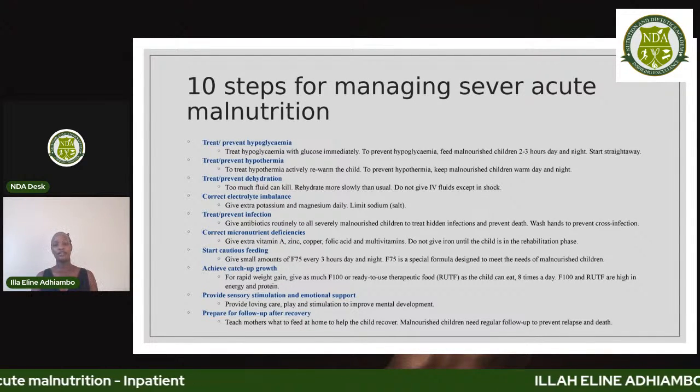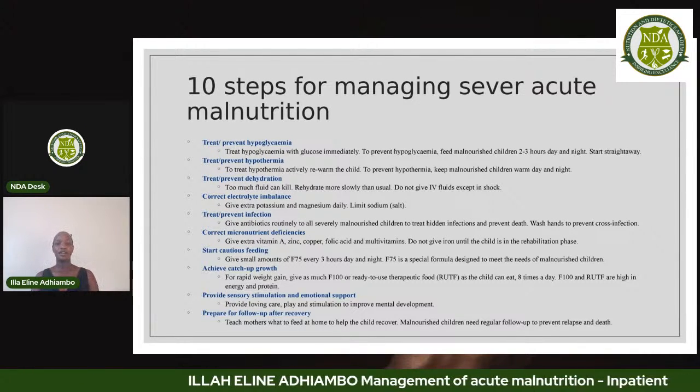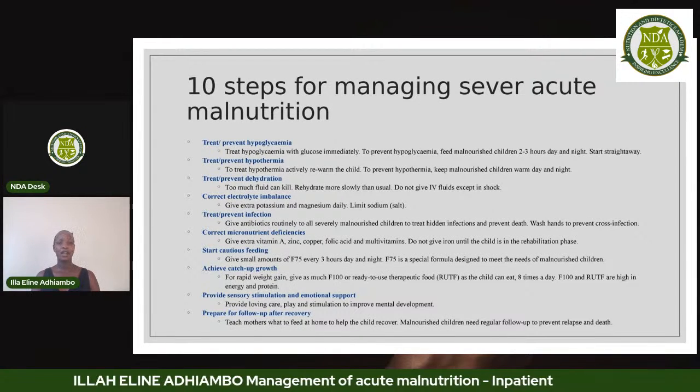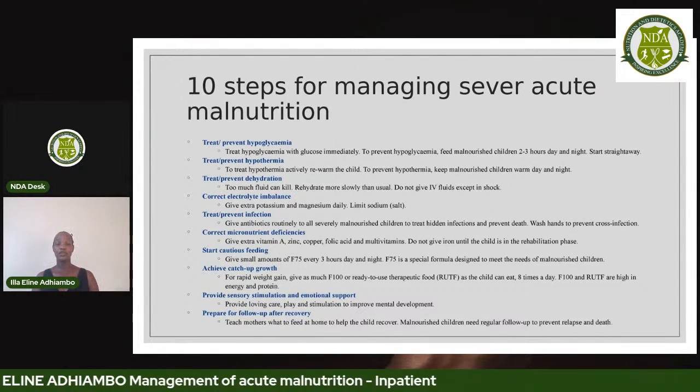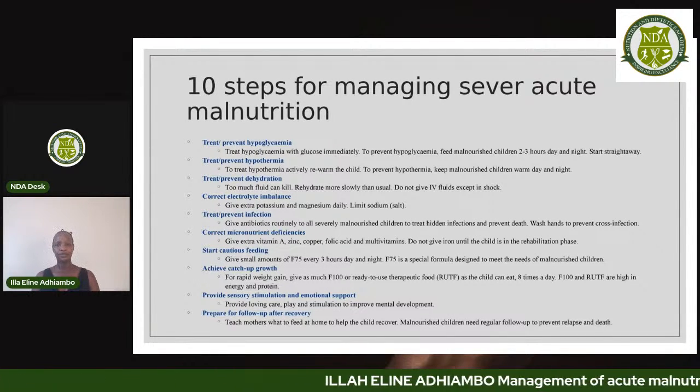We are going to give instead ReSoMal at a rate of 50 ml per each watery stool for children who are less than 2 years of age, or 100 to 200 ml if the child is 2 years or older.